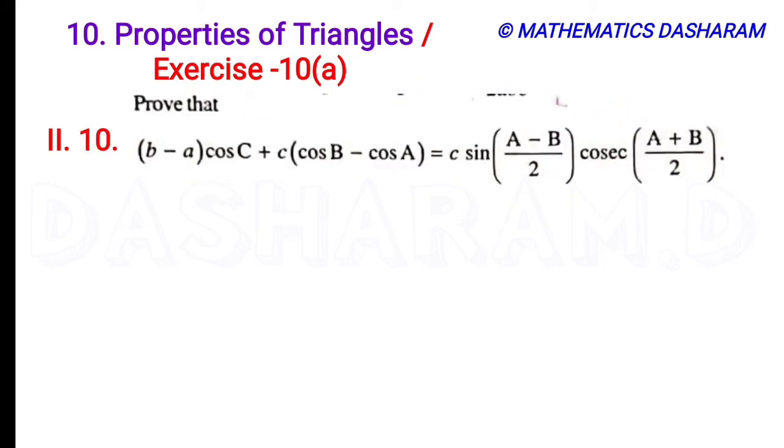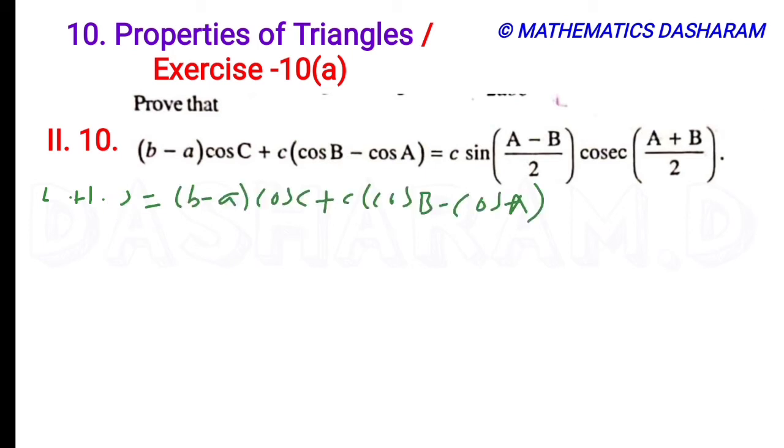10th question: (b minus a) into cos c plus c into (cos b minus cos a) equals c into sin((a minus b)/2) into cosec((a plus b)/2). Let's take the LHS. So now cos c multiplied inside: b into cos c minus a into cos c.